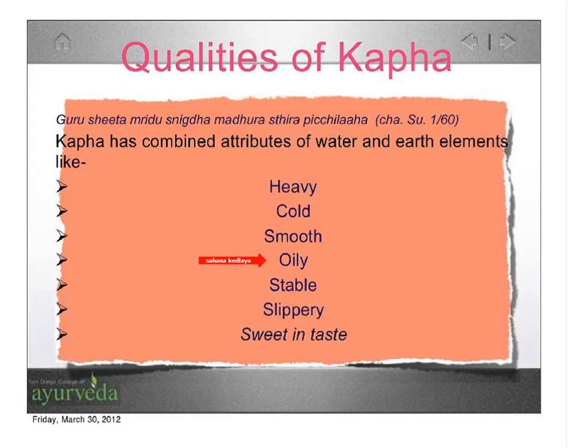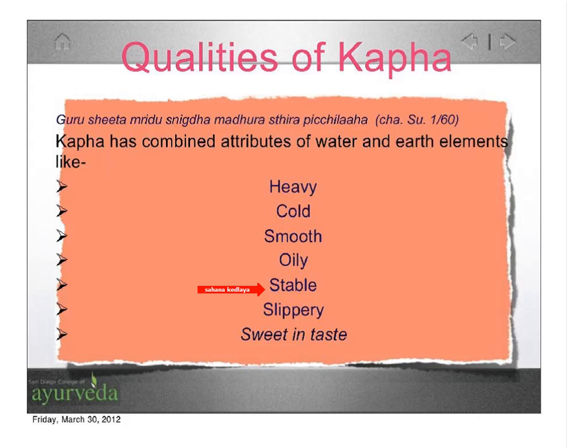The oily character is manifested in the form of oily skin, oily hair, and even the oiliness of the internal organs, even the oiliness in the joints where the synovial fluid is secreted. Those manifestations are the oily characters of the Kapha.